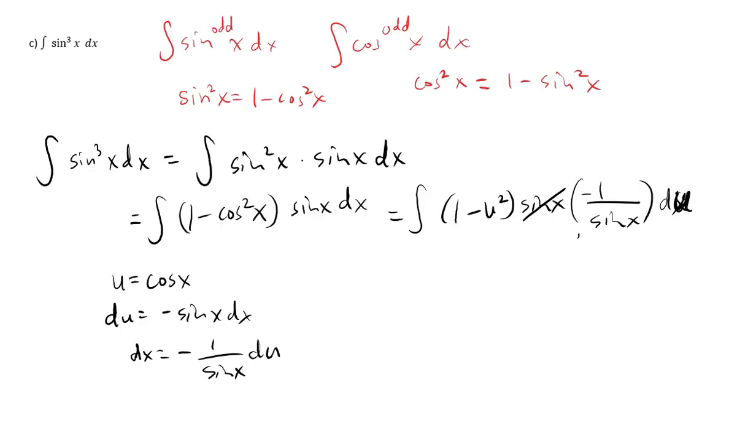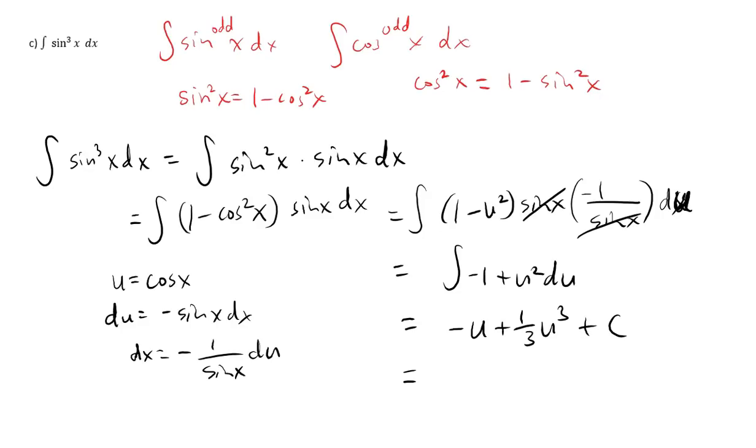And now you see that sine x disappears, and negative 1 times this will be negative 1 plus u squared, and that's perfect because now you only have u, and therefore you have successfully completed the u substitution. Now integrate this, that's negative u plus 1/3 u cubed plus c. And when you do substitution, don't forget to go back. u was cosine x, so it's negative cosine of x plus 1/3 cosine cubed of x plus c.